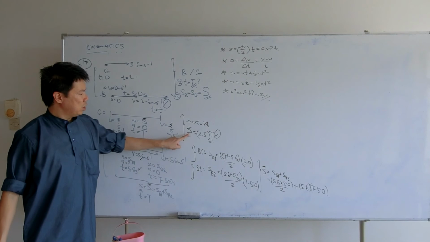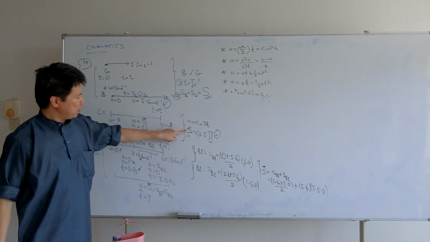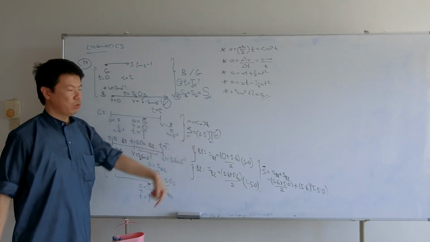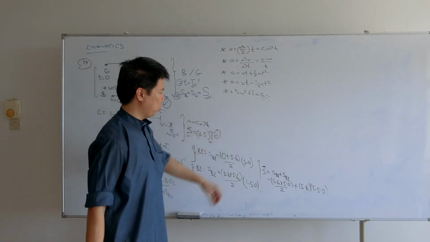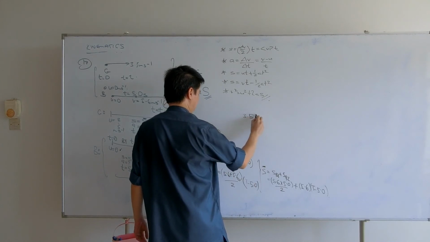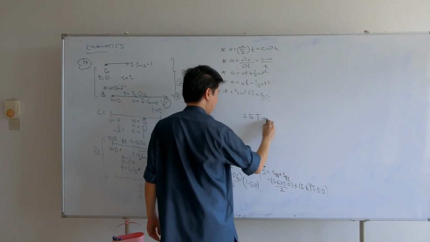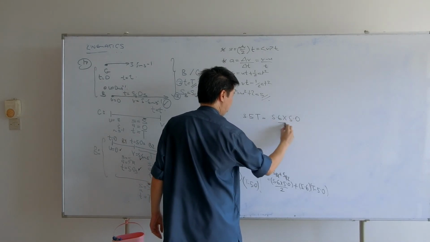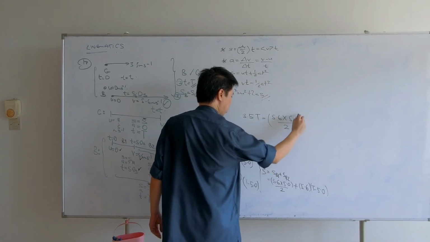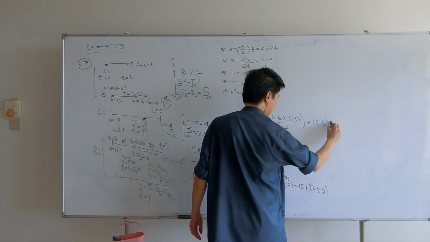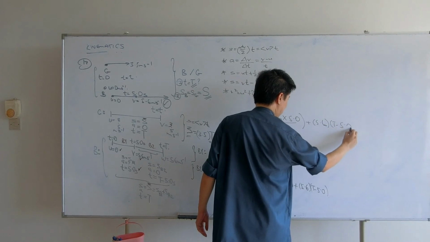Okay, so that is your distance moved for the girl, and now for the boy. So all you need to do is just put them together and you get 3.5 T is equal to 5.6 times 5.0 over 2 plus 5.6 times T minus 5.0.